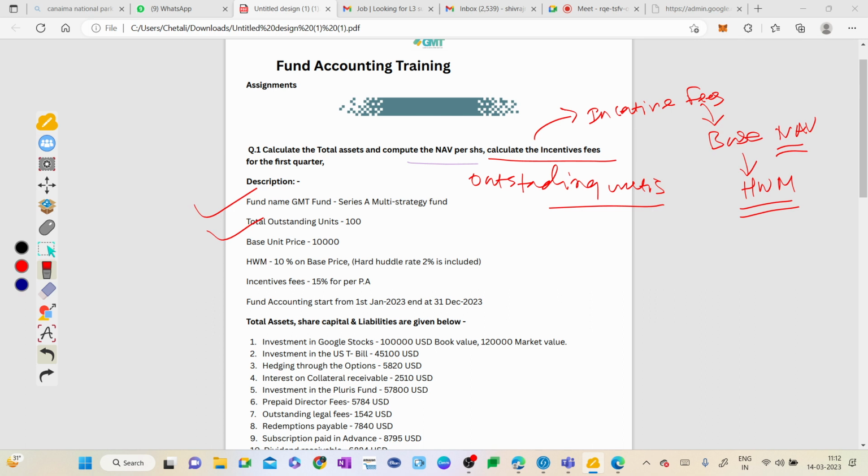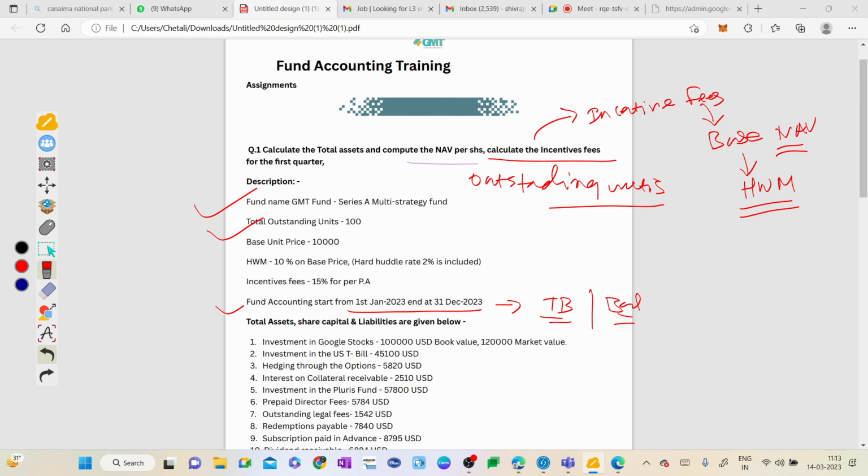Let's assume it. Why? If you see the statement, fund accounting starts from 1st Jan, so every quarter you need to produce the trial balance or balance sheet, right? So you have this data.